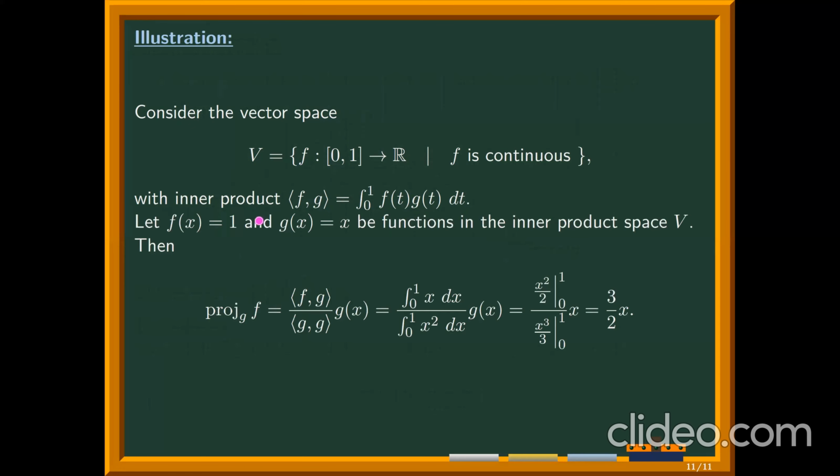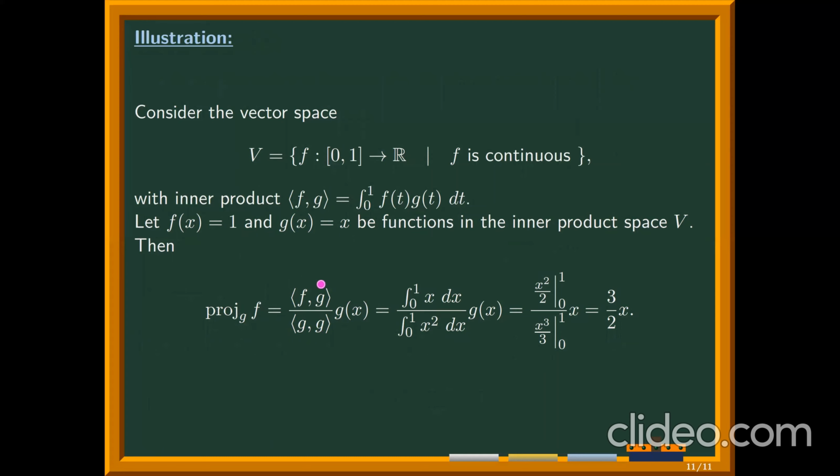So for instance, if we consider f and g to be the constant function 1 and the linear function x respectively, then the projection of f on g by the formula is equal to the inner product of f and g divided by the inner product of g and g. So this is a scalar, then multiply that to g.